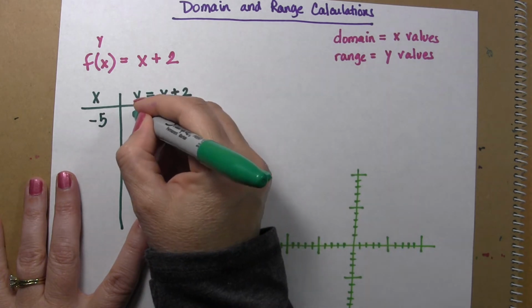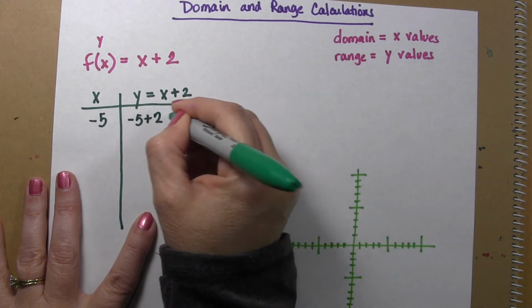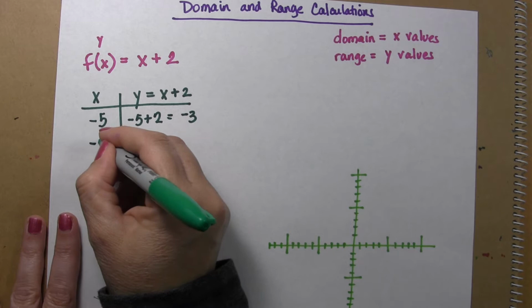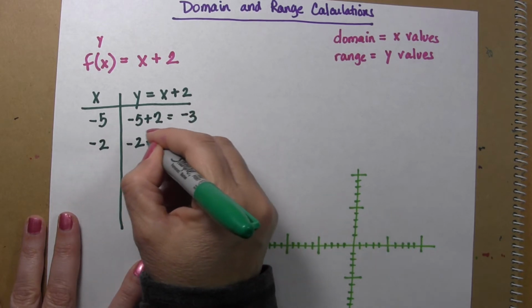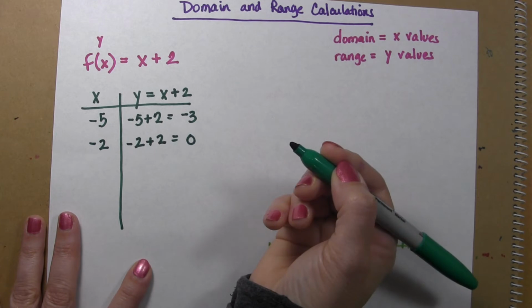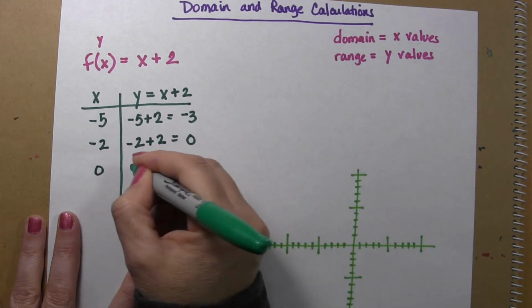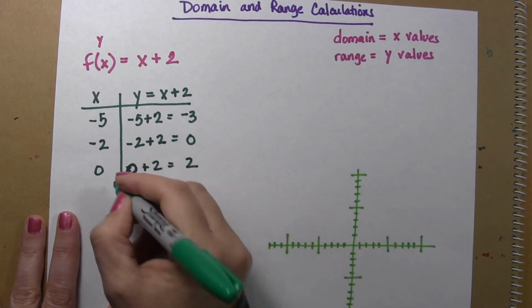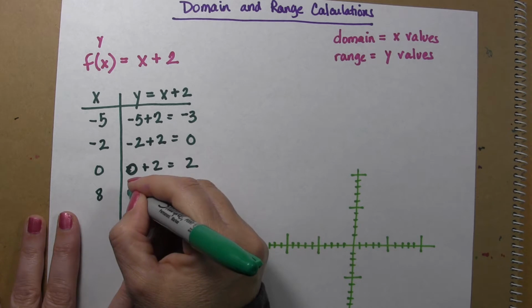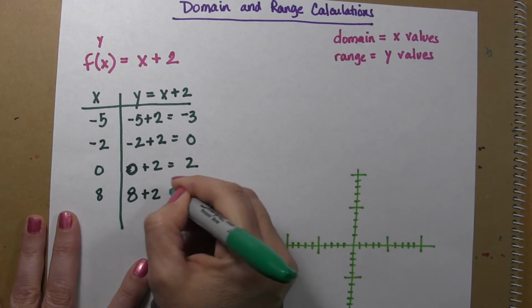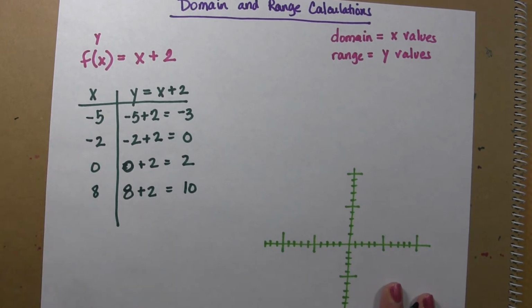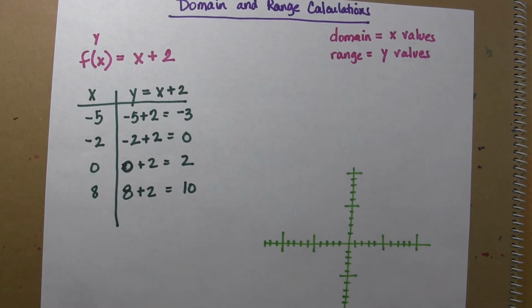So then this would become negative 5 plus 2, which is negative 3. And what if I picked negative 2? Well, that would be negative 2 plus 2, which is 0. What if I picked 0? Well, that would be 0 plus 2, which is 2. And what if I picked 8? That would be 8 plus 2, which is 10. All right, and that's enough to make me happy. Again, I just picked these numbers because they were the ones that floated my boat when I wrote this XY chart. You can pick different numbers if you want.